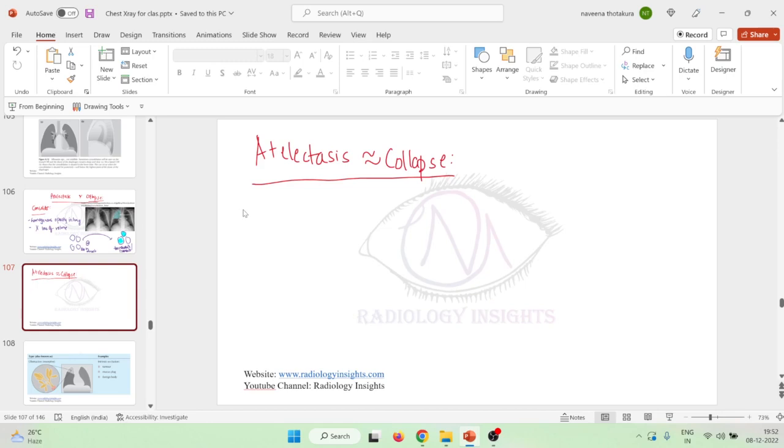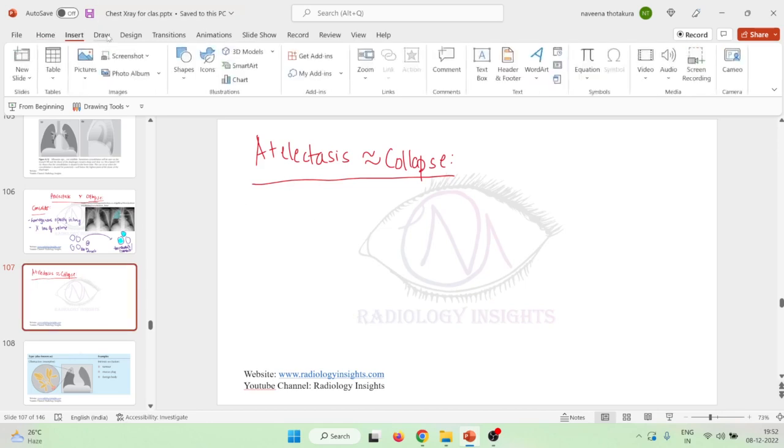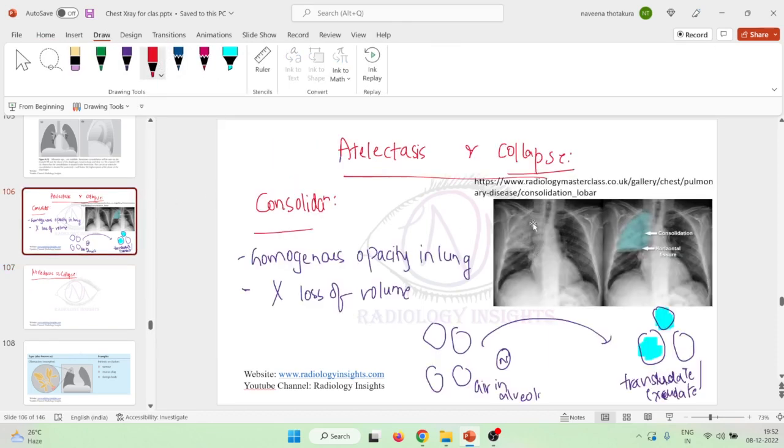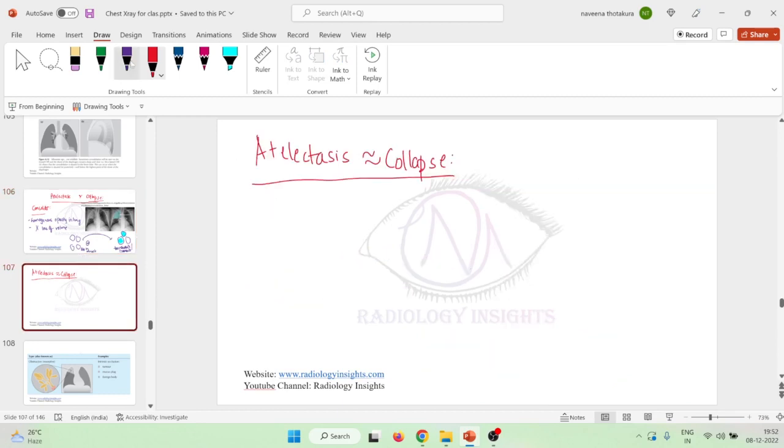One important thing that you should see in atelectasis is that you will also see a homogeneous opacity of the lung. Number one, homogeneous opacity is also seen with atelectasis.